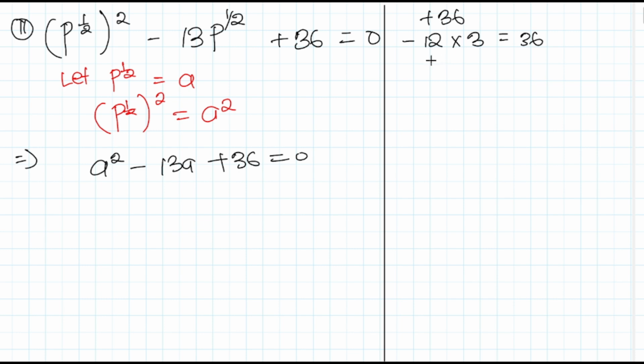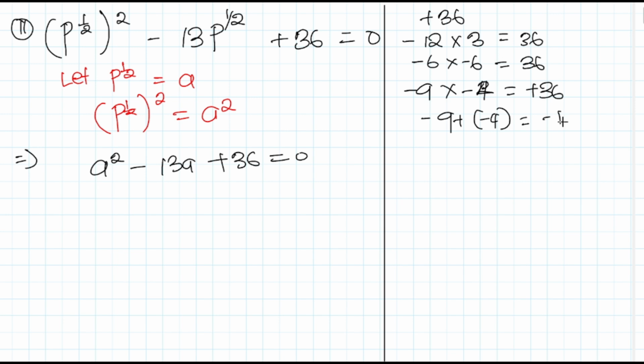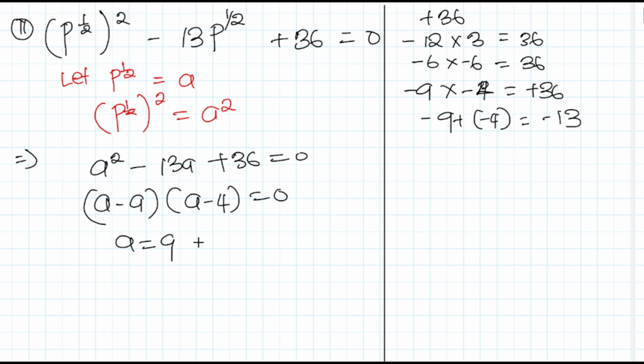What about 6 times 4? Minus 6 times minus 6 gives us 36, but we can't have that. What about minus 9 times minus 4? This will give us plus 36, and minus 9 plus minus 4 gives us minus 13. So the answer is a minus 9 brackets a minus 4 equals 0. So a equals 9 or a equals 4.